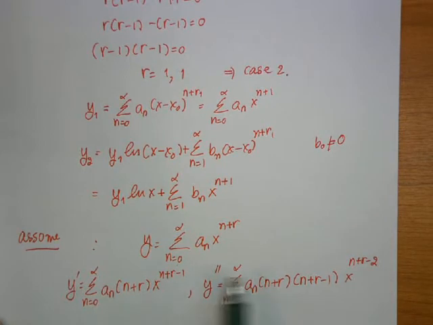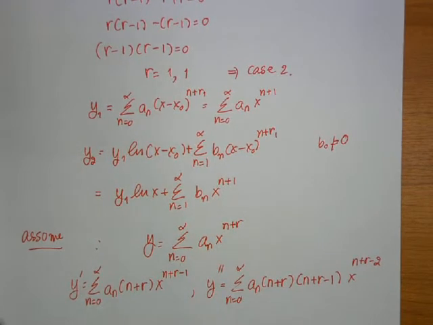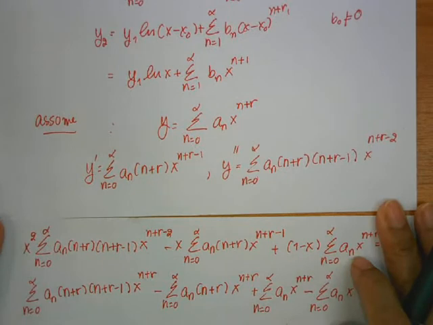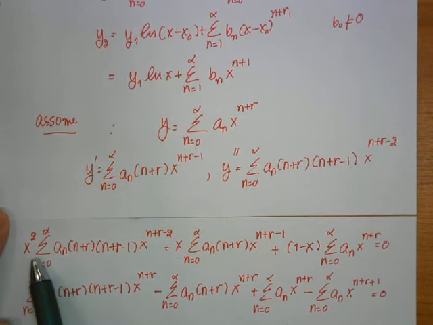Then we take the first derivative and second derivative of y and plug them back into our differential equation. After we plug it in there, we get this term, and then we have x squared here. We just combine this x squared with x to the power of n plus r minus 2.